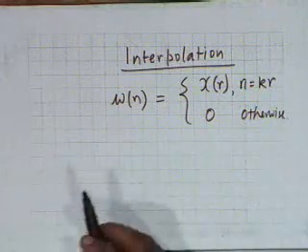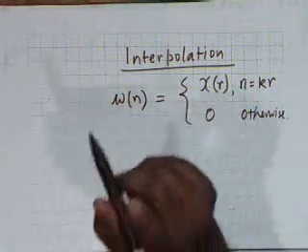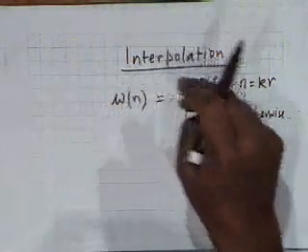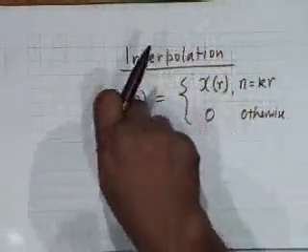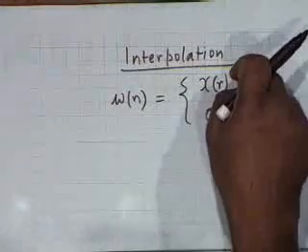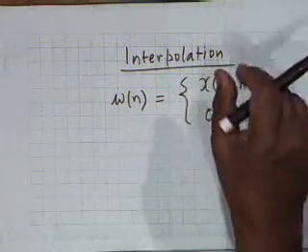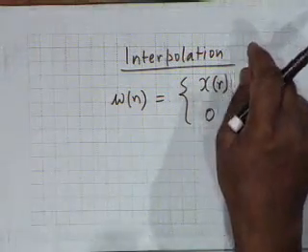What does this mean? It means that there is a constant k, an integer constant k, and w of n is derived from x of n by ignoring some of the samples of x of n.